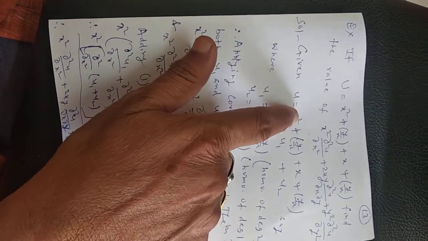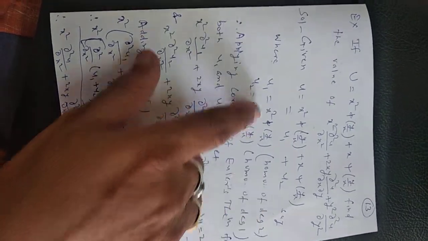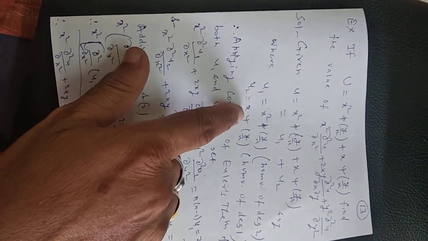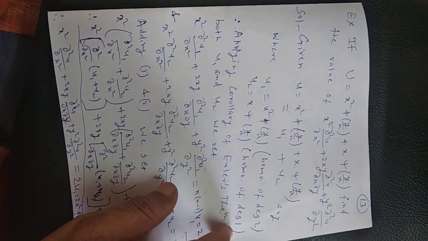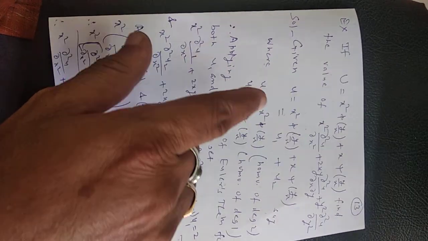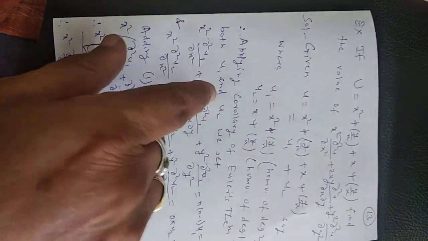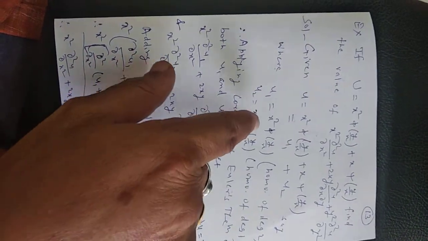So u1 is x square phi of y by x, and it is clear that this is homogeneous of degree 2. u2 is x raised to 1 psi of y by x, therefore it is clear that u2 is homogeneous of degree 1, and therefore apply the corollary of Euler's theorem for u1 and for u2.